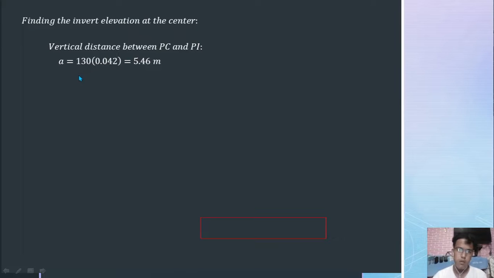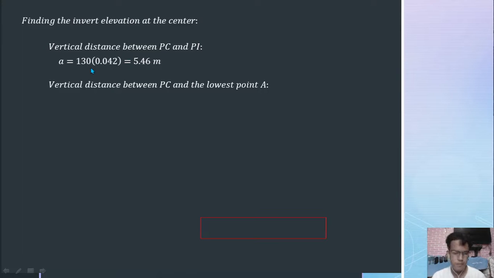Now 0.042 is the grade, or negative 4.2%. So we multiply 130 and 0.042, which equals 5.46 meters, the vertical distance between PC and the lowest point A.